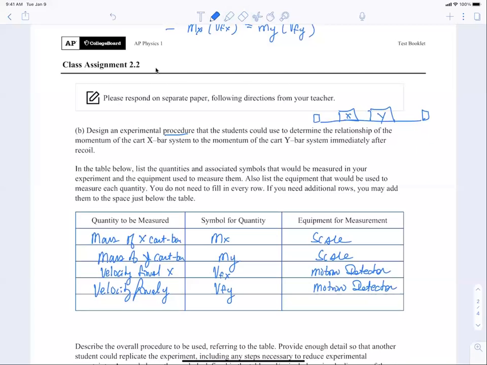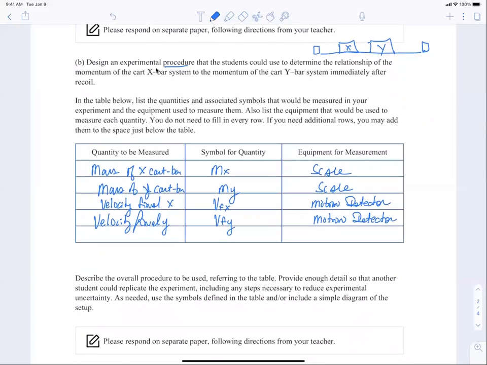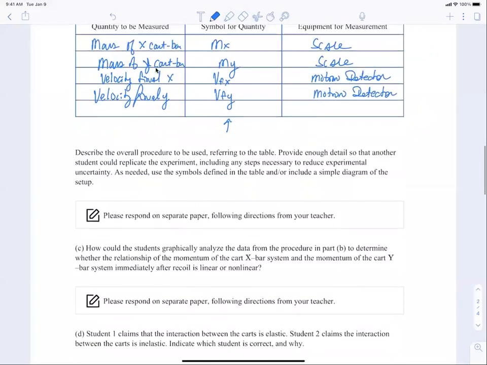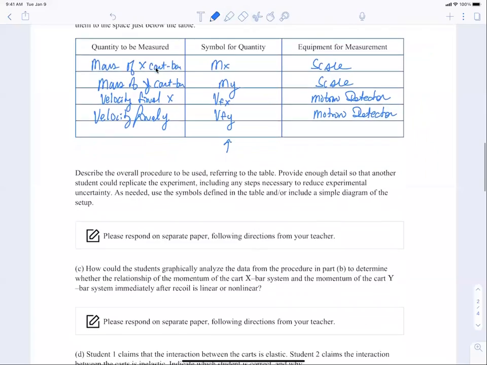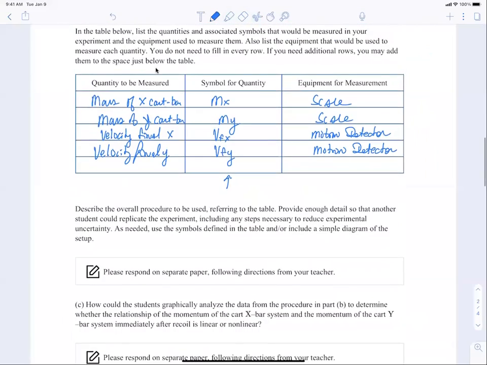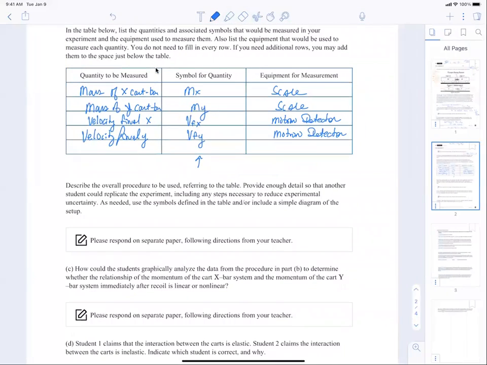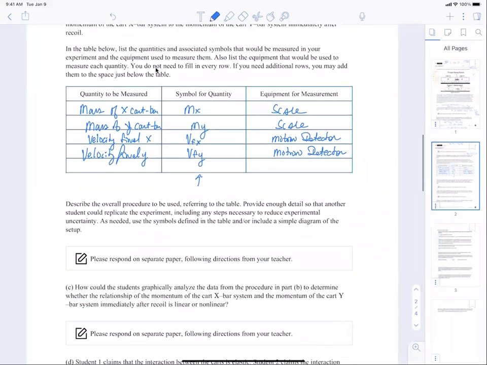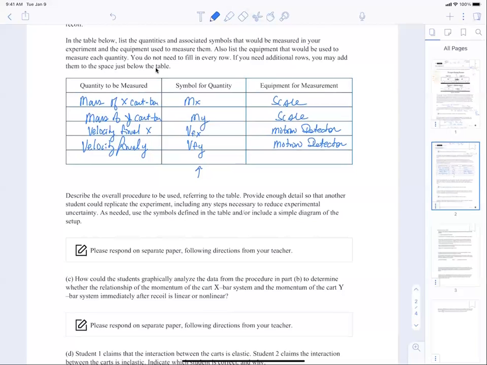I don't think so. Okay, we have to have a procedure to be used, and we have to refer to the table, and we have to discuss it in terms of the symbols that we used. I wonder if I can add a page here. Can I insert a page?